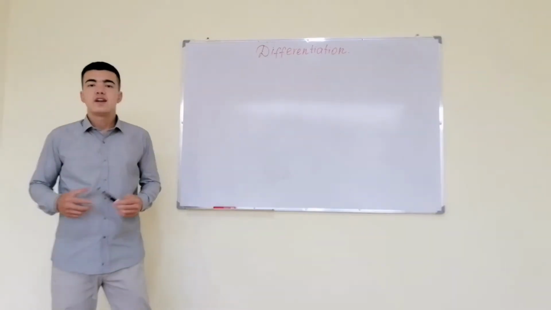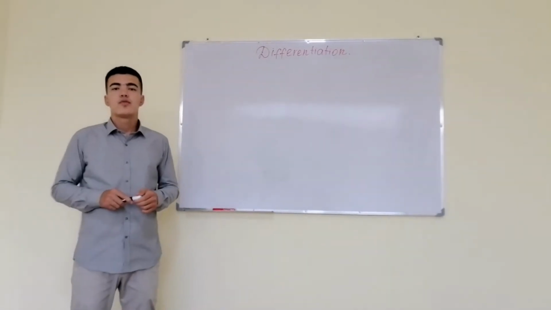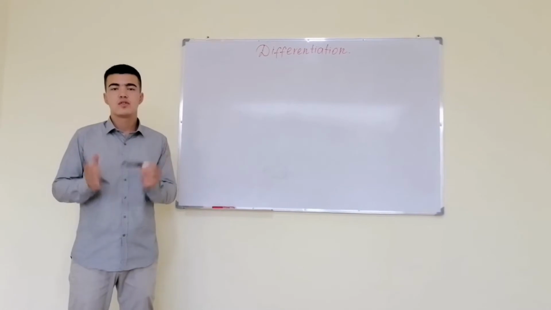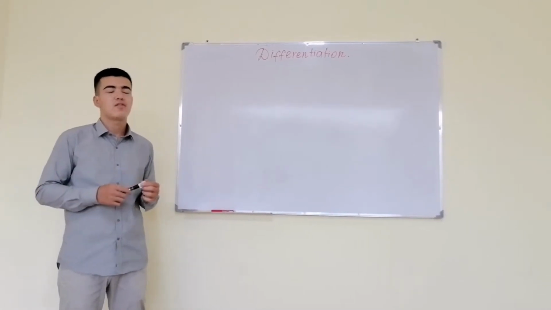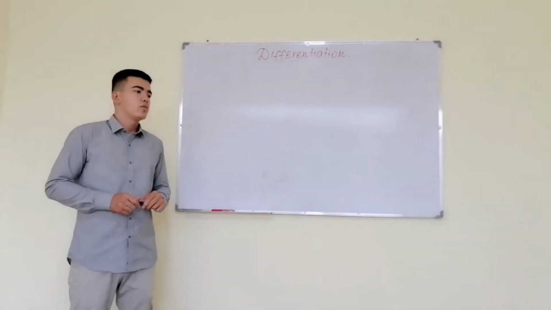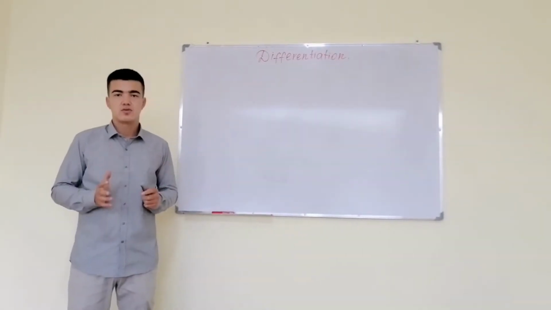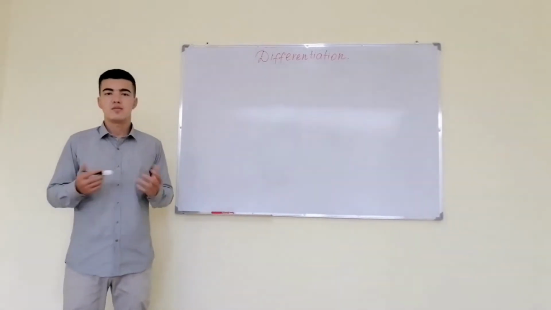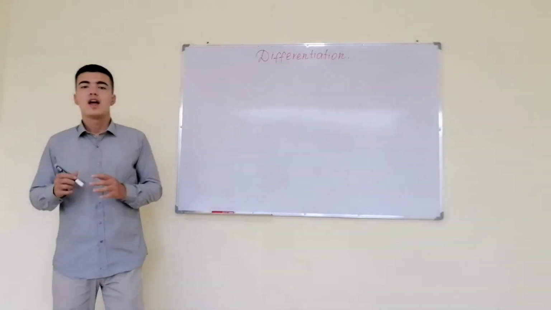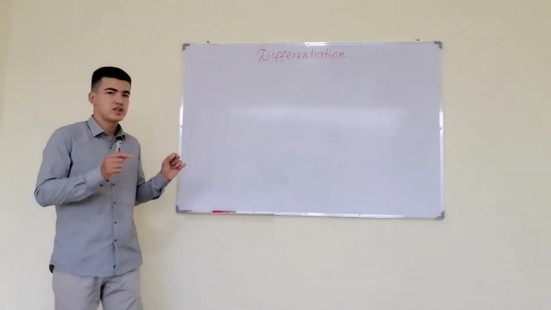Now, if you want to understand what differentiation means, first of all, we have to understand the average rate of change of a function. What does the average rate of change of a function mean? It's the fundamental knowledge of differentiation. To tell the truth, it gives you the fundamental knowledge. I mean that, first of all, I want to prove the special formulas of differentiation.